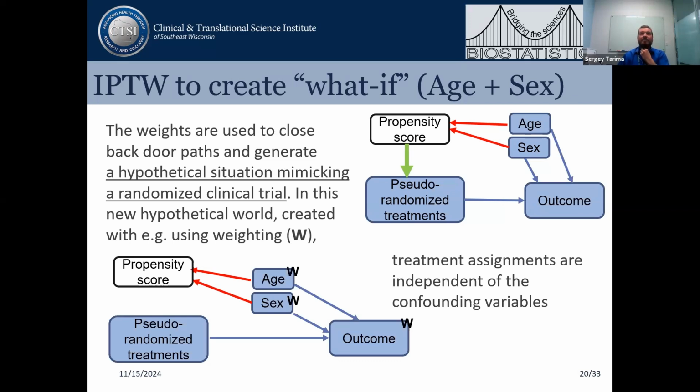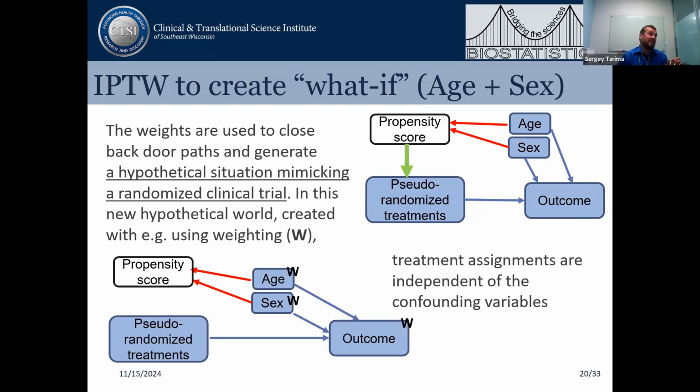And when we apply weighting to our observed data, and our observed data will be age, sex, randomized assignment, and treatment, in this case, distribution of ages will be approximately the same, and distribution of sexes and distribution of outcomes will be approximately the same between treated and untreated patients.